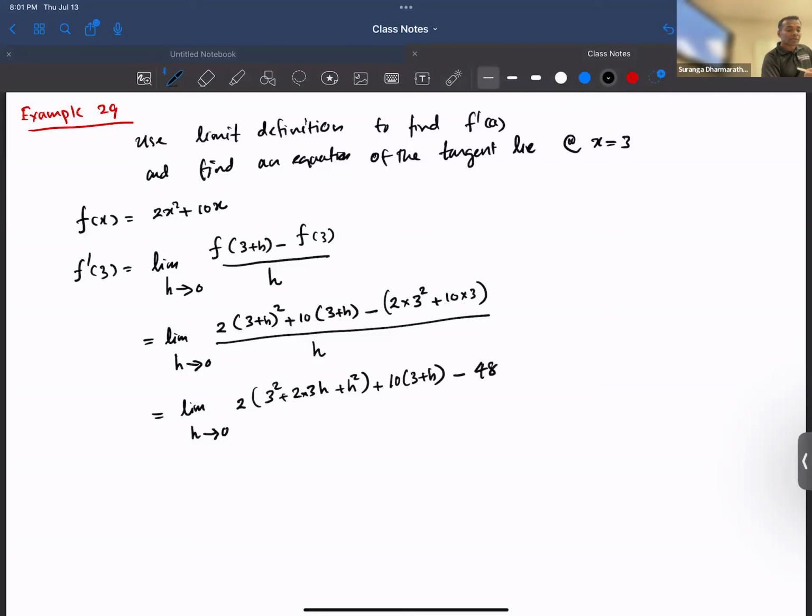Right? 48, divided by h, and the limit as h goes to 0.